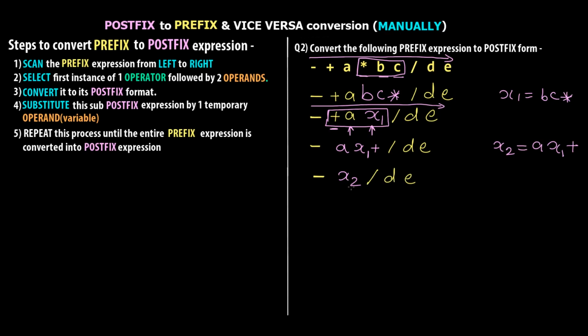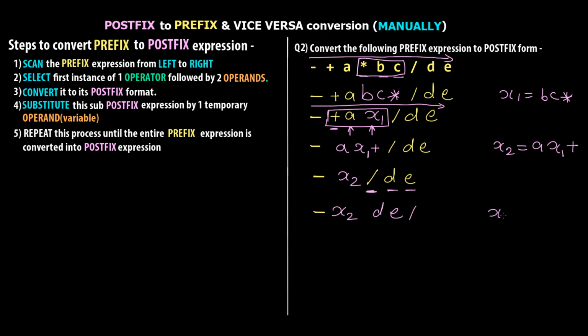Okay. So now again if you observe, the very first instance of one operator followed by two operands is divide by and DE. So we'll convert divide by and DE to its appropriate postfix format. So that would be, we'll write minus as it is, we'll write x2 as it is, then we have DE and divide by.